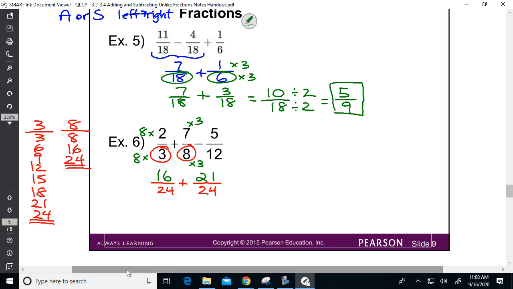Now we add them up. 16 plus 21 is 37 over 24. But you still have minus 5/12, so you're not done with the problem. Any questions before we continue?